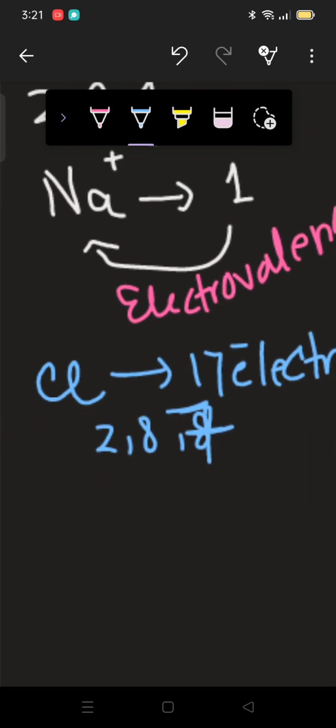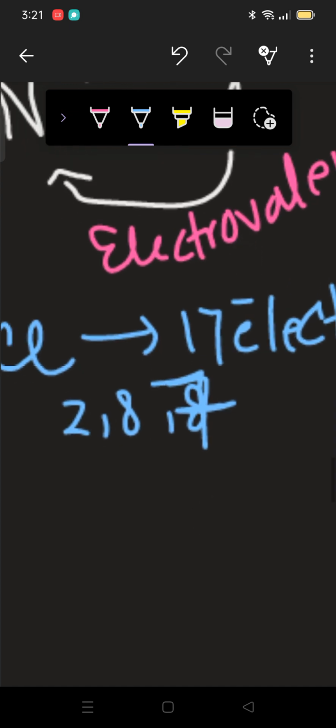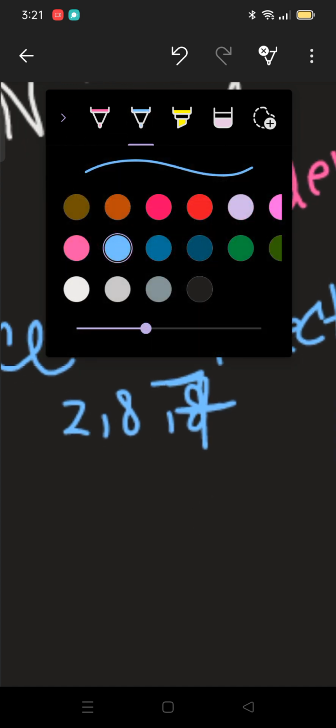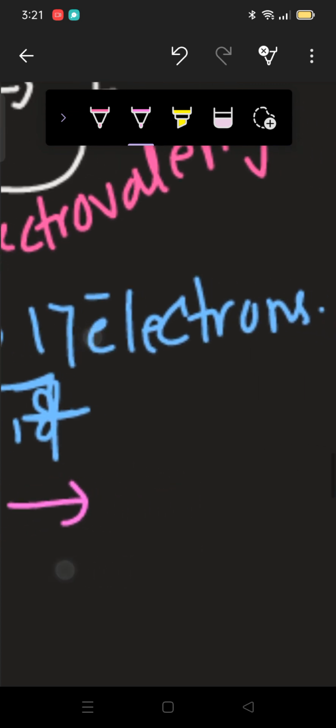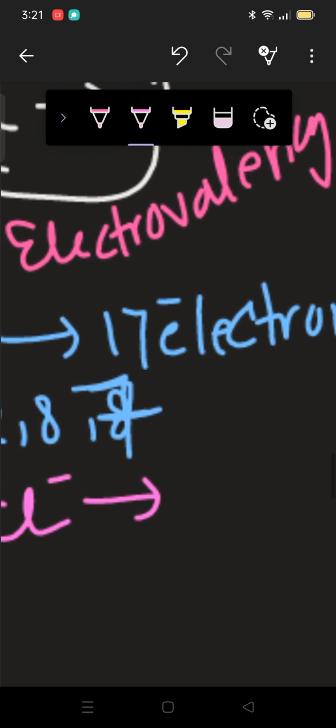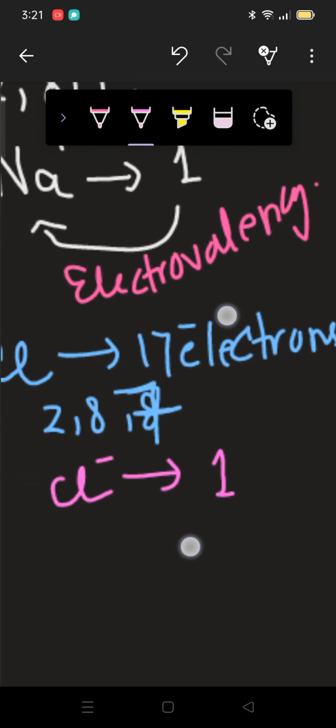So 2, 8, 7 makes 17 electrons. It needs 1 electron, which means it is going to gain 1 electron. So chlorine gains a negative charge, which means it has negative 1, but we don't take electrovalency in the negative sign, we take all the values as positive. So its electrovalency would be 1 as well.